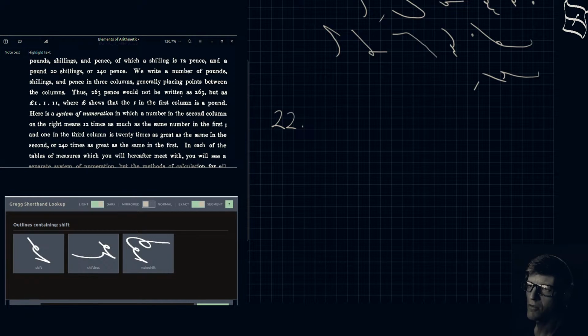Here is a system of numeration in which a number in the second column on the right means 12 times as much as the same number in the first, and 1 in the third column is 20 times as great as the same in the second, or 240 times as great as the same in the first.